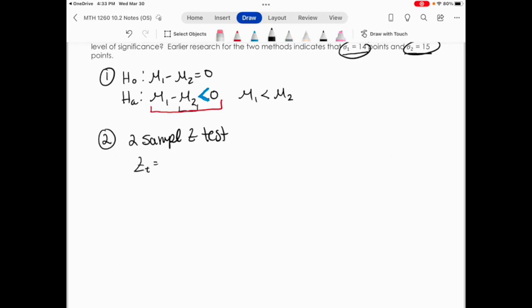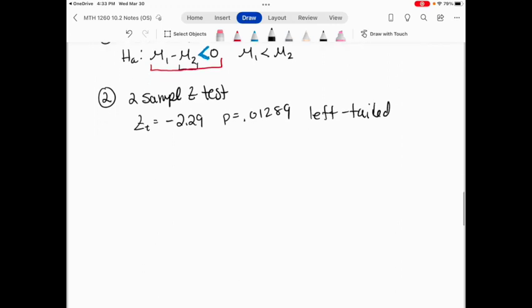When we put all of our information on the calculator for the 2-sample z-test, we should find that the test statistic is going to be negative 2.29 and that the p-value is going to be 0.01289. And because we're looking to see if the difference of the mu's is less than 0, this is going to be left-tailed.